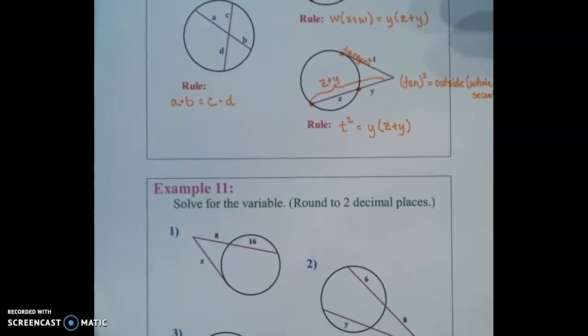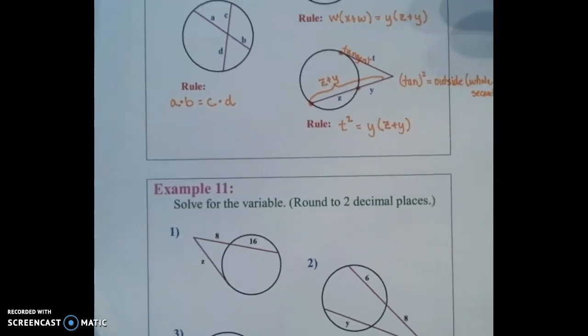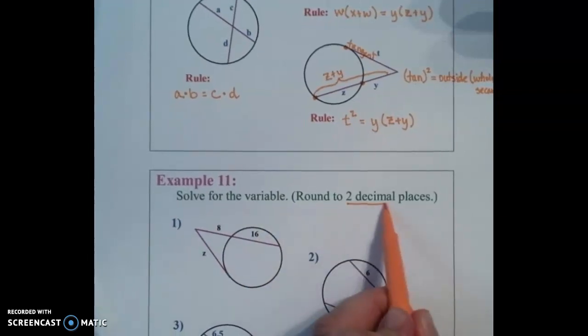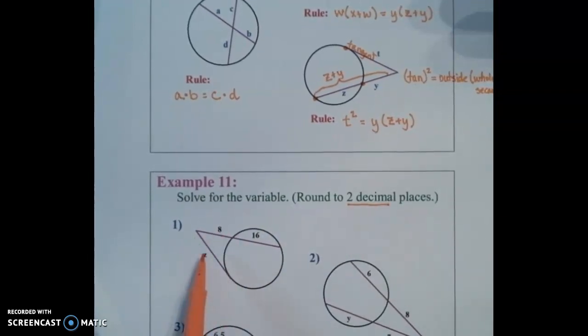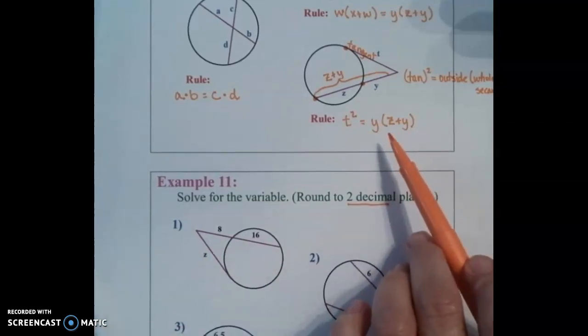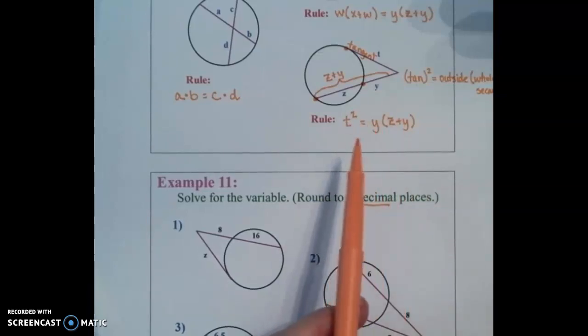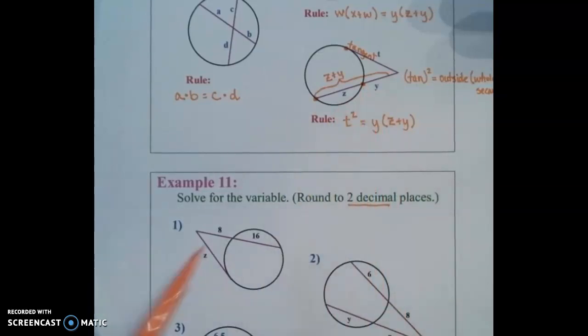Okay, so let's apply these. Example 1 says solve for the variable. We're going to round to 2 decimal places. If you look at your 3 cases, this is a tangent and a secant, so it's the last rule I just covered. You've got to figure out what part represents the tangent, touches in one place.